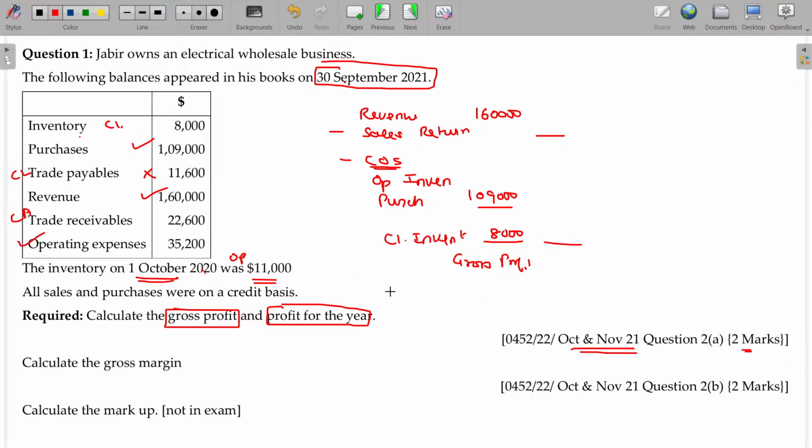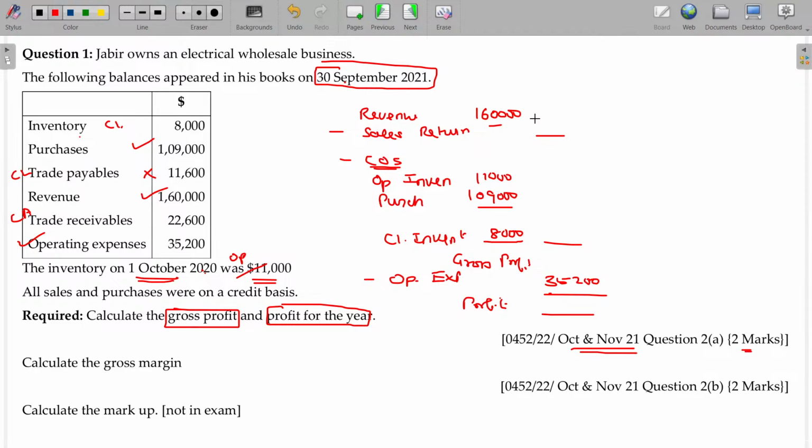From the gross profit you have to subtract the operating expenses, 35,200, and you will get the profit for the year. So the opening inventory being 11,000.